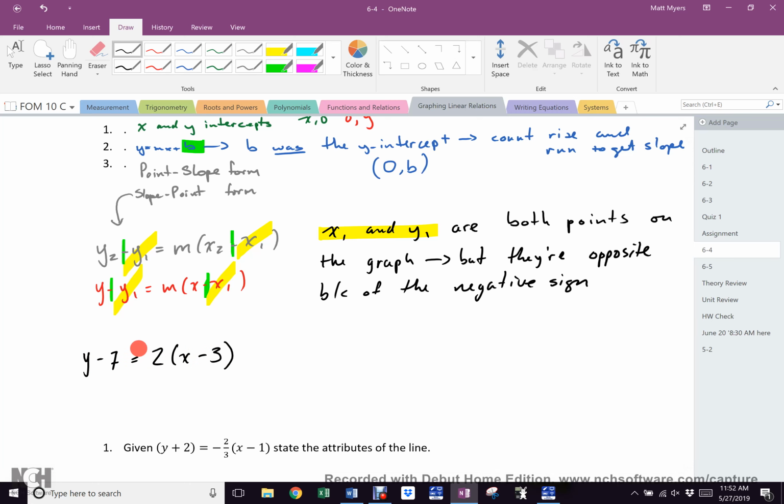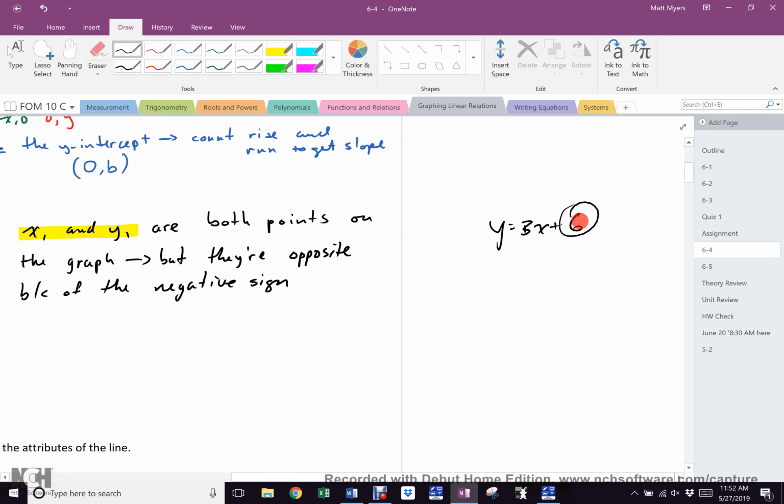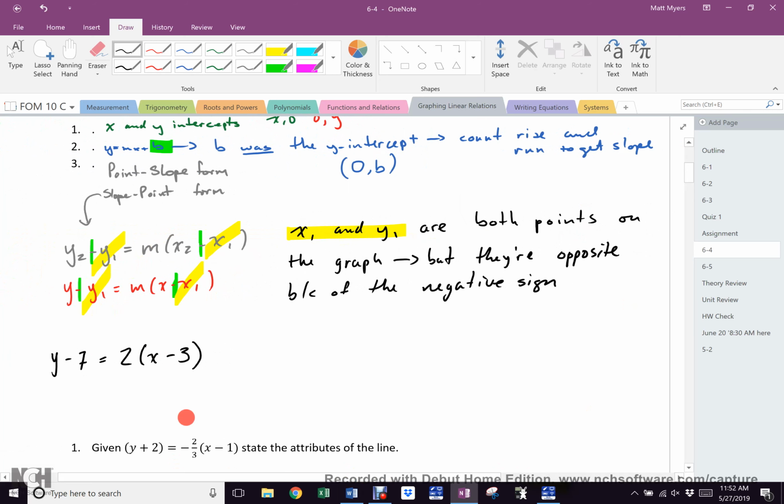And we start from the b. But we can't start from the b now because we've got this extra number here, yes? So there's 2 things I could do. One, I could make this look like this. What would I have to do to make this yellow equation look like this? What has to be gotten rid of?